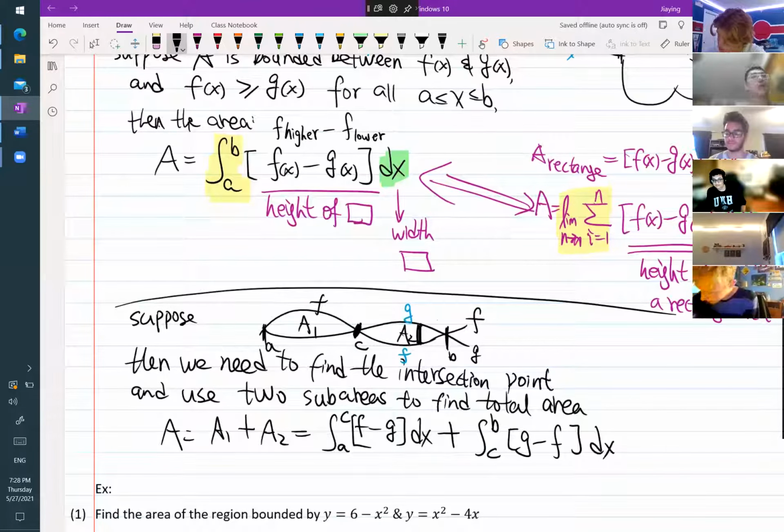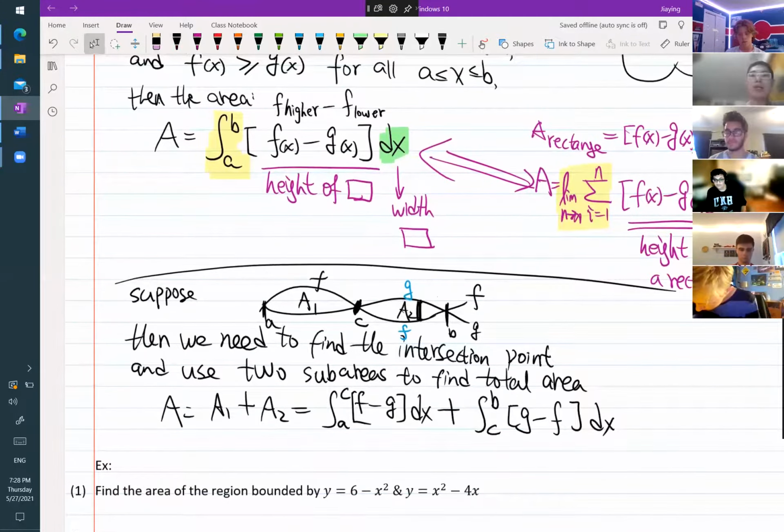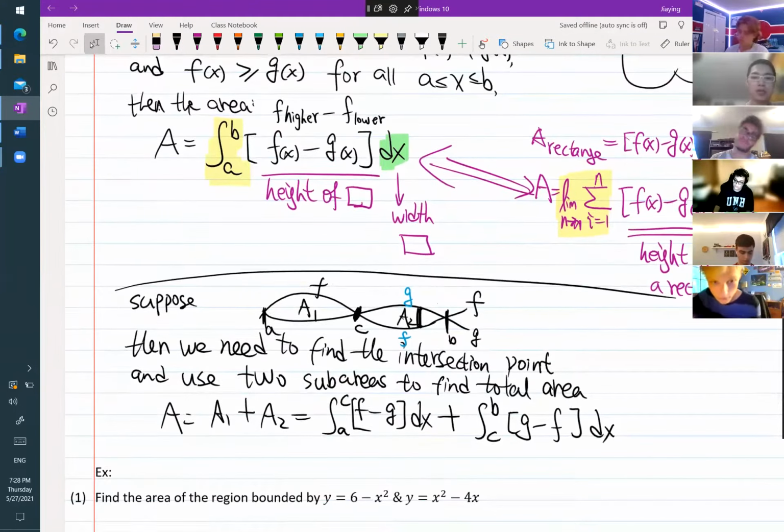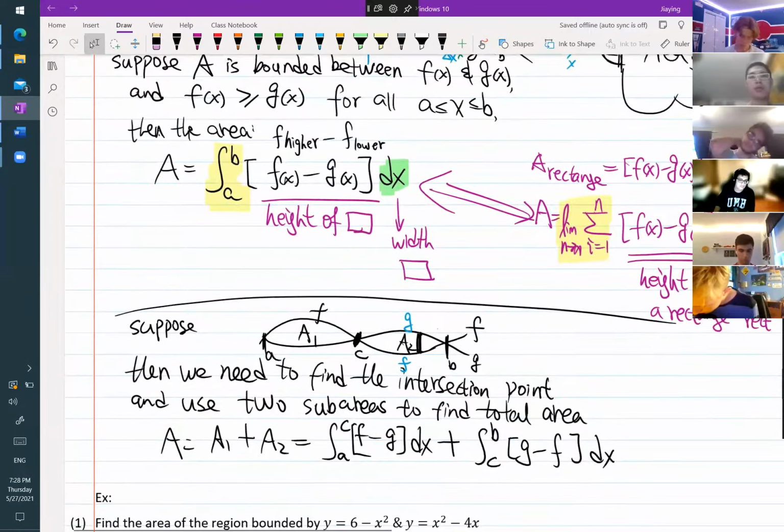That will give you the area. The height is always the high number minus the lower number. All right, that might be a lot of information to take in, but let me use one example to help you get started.